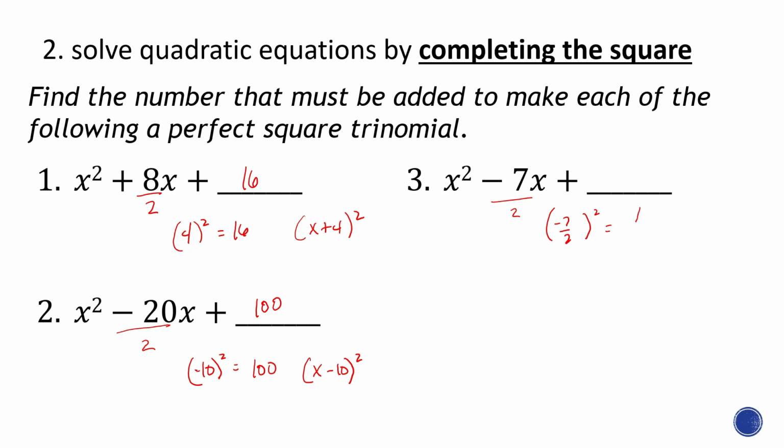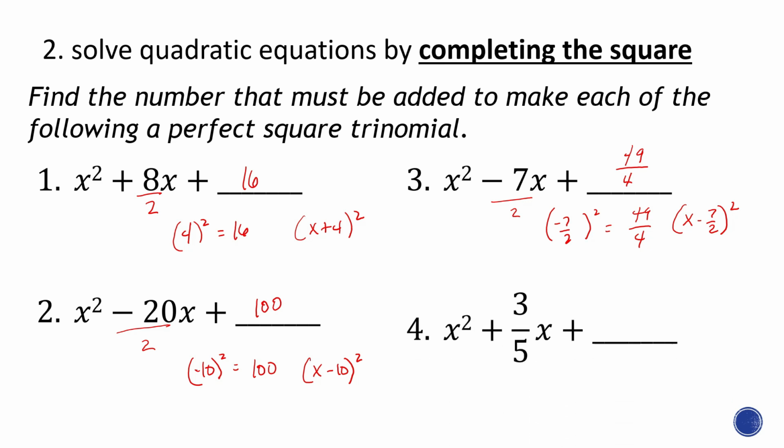You square that, that's 49 over 4. And again, if we want to express that or factorize this one, this is x minus 7 over 2 squared. So that's minus here, that's plus, so that's x plus, that's minus 20, so that's x minus 10.